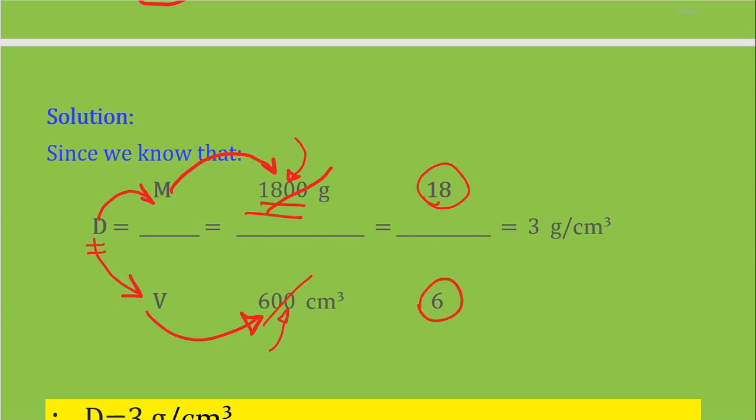Now we have to divide 18 by 6, and we can divide by 6, like 6 times 1 is 6 and 6 times 3 is 18. So our answer is 3 gram per cubic centimeter.